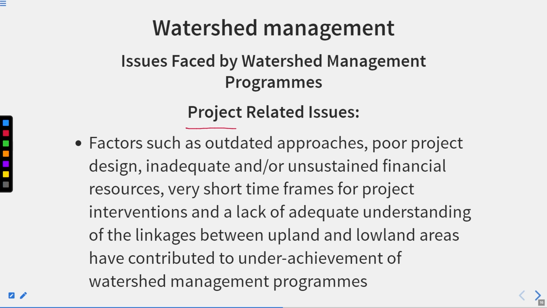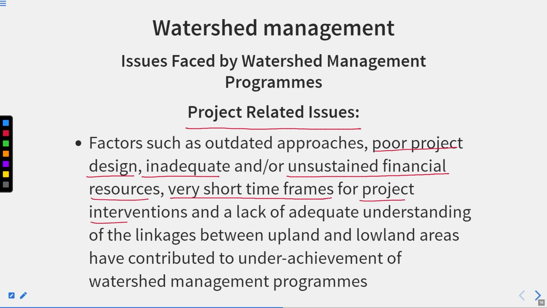In the project related issues, factors such as outdated approaches, poor project design, inadequate and unsustained financial resources, very short time frames for the project intervention, and lack of adequate understanding of the linkage between the upland and lowland areas have contributed to underachievement of the watershed management program.